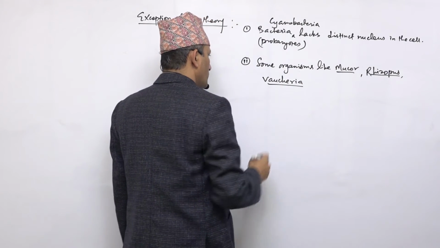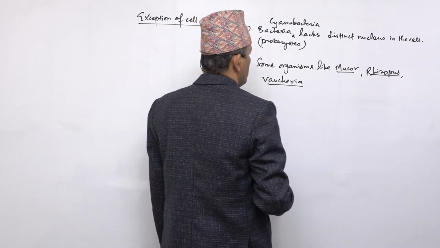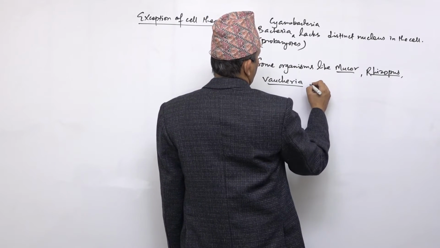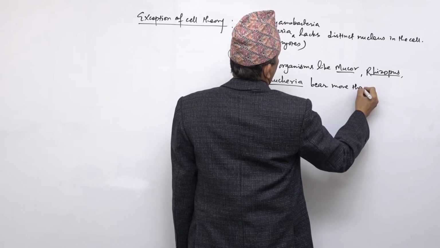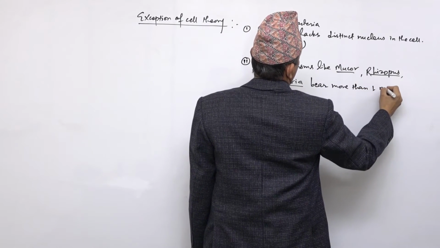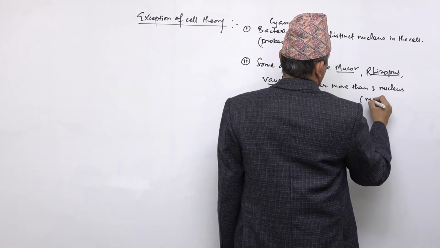Some organisms like म्युकर, राइजोपस, भौचेरिया bear more than one nucleus. जसलाई हामी मल्टिन्युक्लिएट भन्छौं.